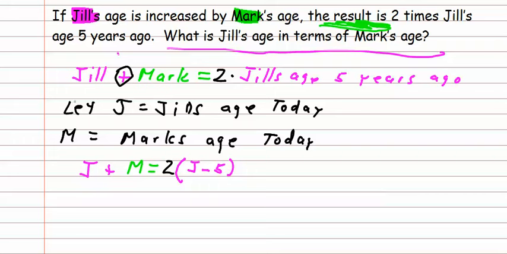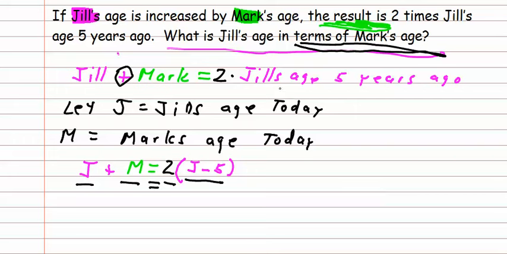So we look at what we've written now. Jill's age, increased by Mark's age, is 2 times what Jill was 5 years ago. Now we have our equation, and we could solve this. And actually, I'm going to solve it just because the problem says in terms of Mark's age.